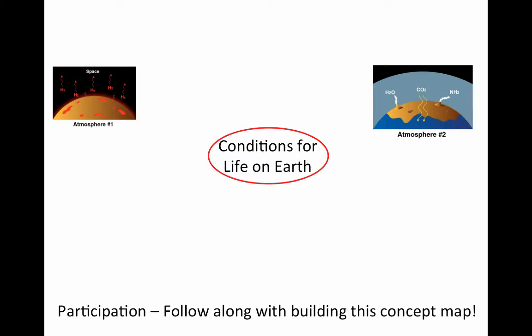So when we have our atmosphere number 2, what we're starting to find is that the temperature on Earth is starting to become lower, more moderate. Remember that in the beginnings of the Earth, the temperature was extremely high. It was a very, very hot environment. And we know that we need liquid water to support these chemical reactions that occur in aqueous solutions.